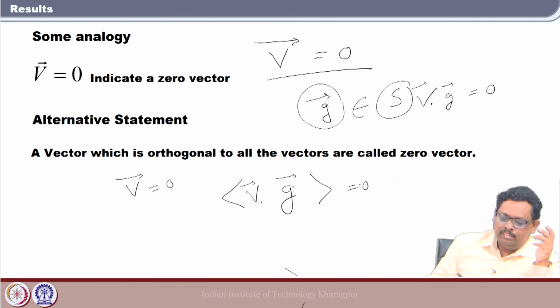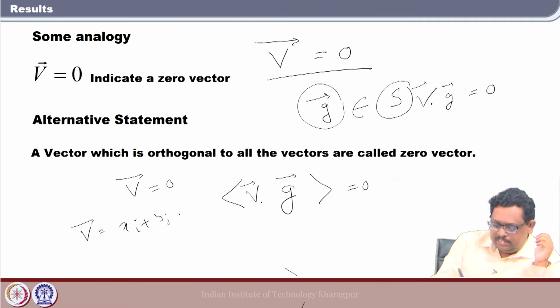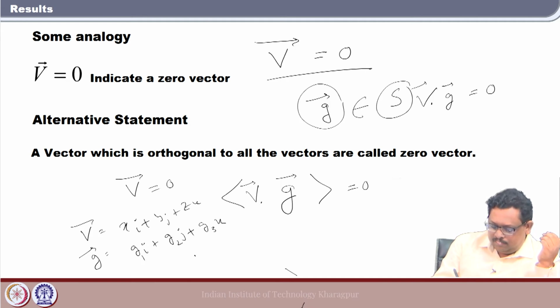Think of V equal to some vector x i plus y j plus z k. Now, take any arbitrary G vector, G equals G1 i plus G2 j plus G3 k. Then the dot product is x G1 plus y G2 plus z G3 equal to 0.